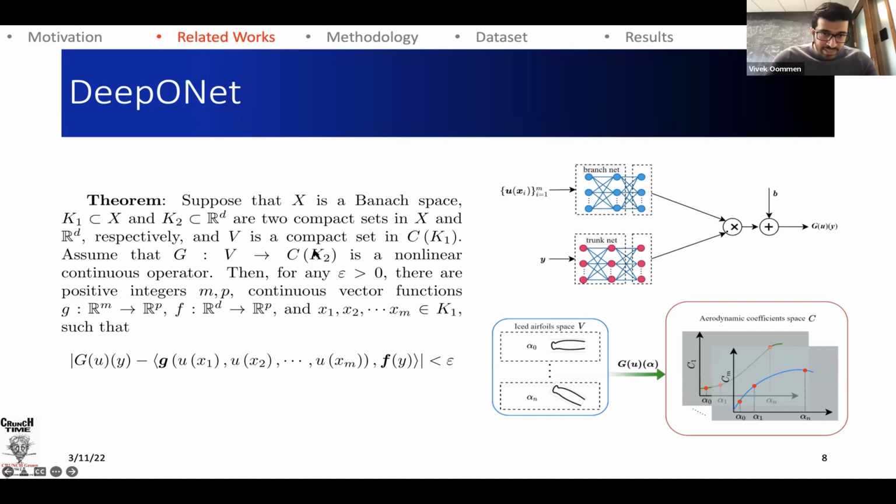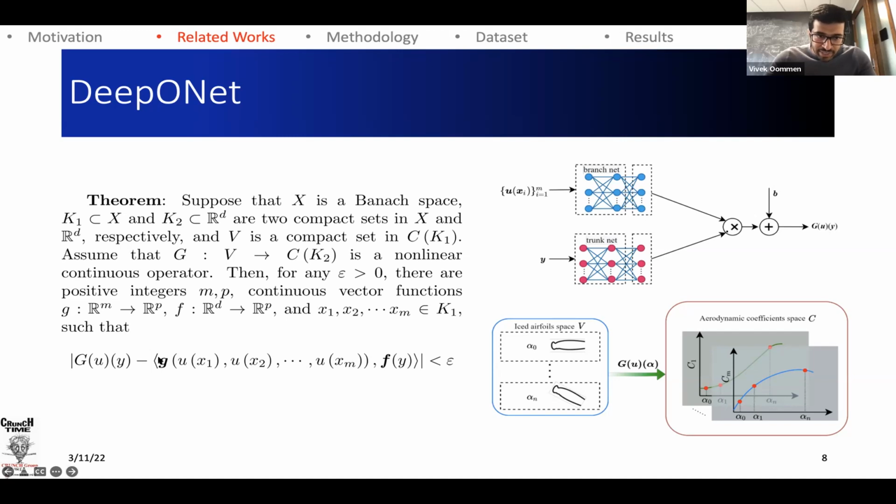According to this theorem, the universal operator approximation theorem, a mapping from an input function space to an output function space can be approximated in the following manner. Suppose there is an operator that transforms the input function u to an output function G(u).